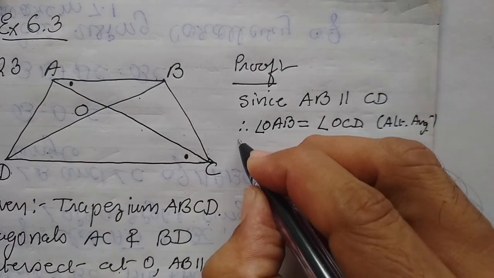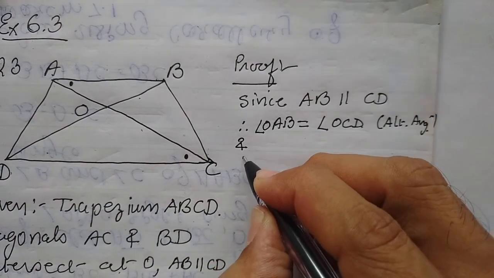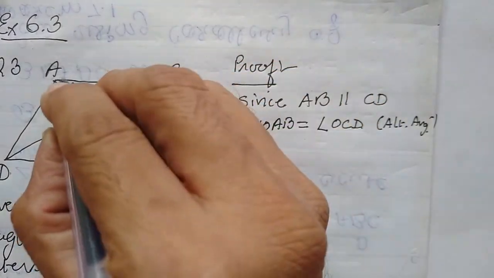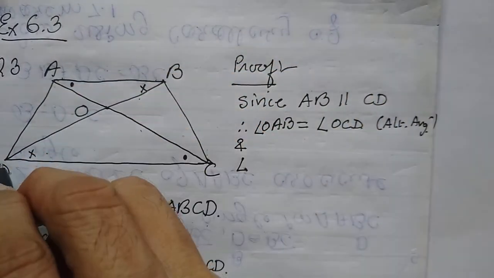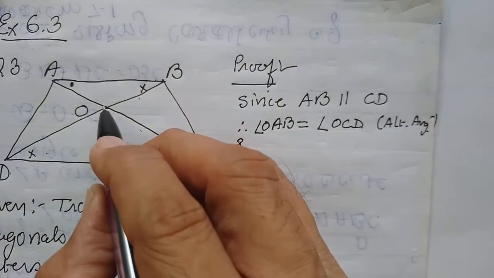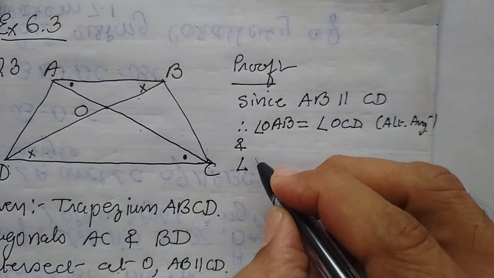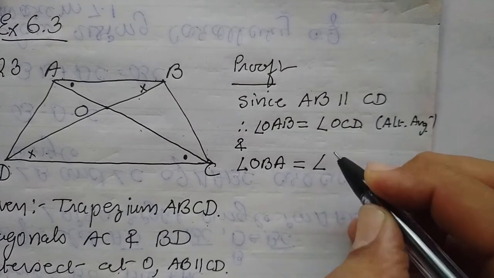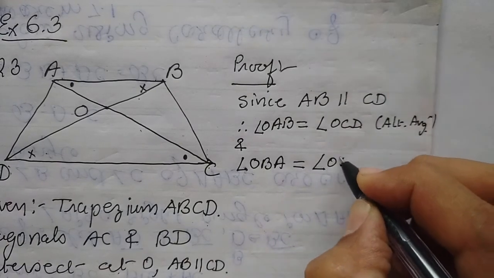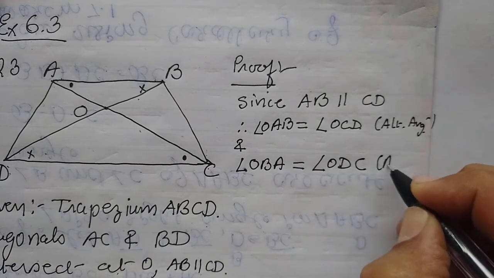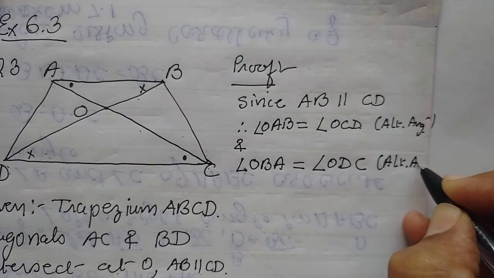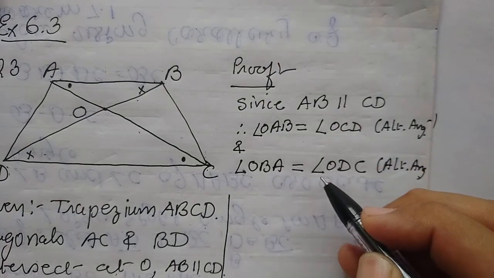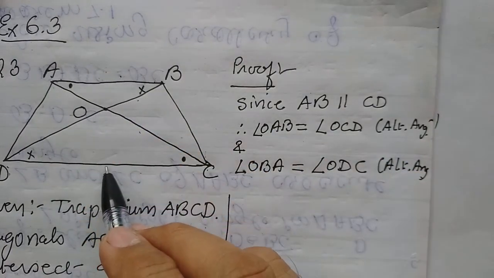Similarly, angle OBA is congruent to ODC. Alternate angles, children. We know that alternate angles are always equal if the given two lines are parallel.